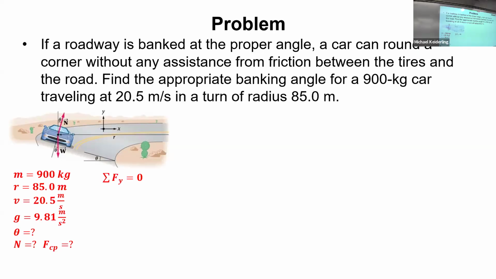So vertically, the sum of all the forces equals 0. Horizontally, the sum of all the forces in the x direction equals the centripetal force, which equals mass times velocity squared over the radius. So if we look at the vertical component, that's normal force times the cosine of theta minus weight equals 0.